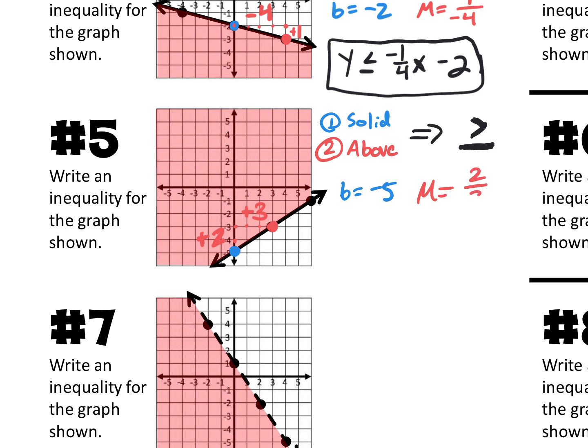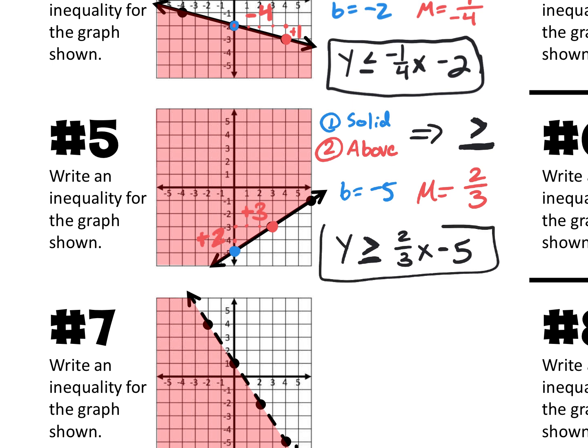So your rise over run would be 2/3. Then it's plugging it in. You've got y. You already found your inequality. 2/3 x minus 5. Any questions?